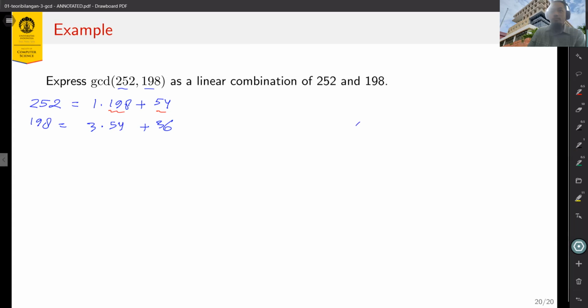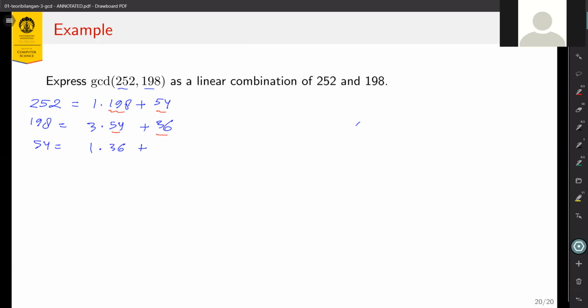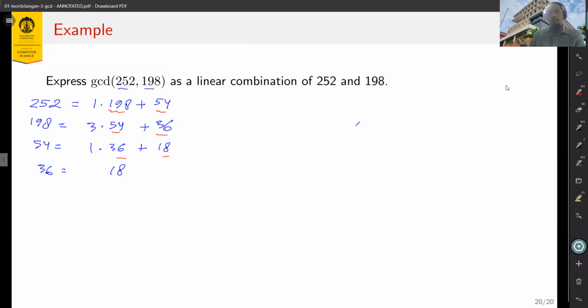So now we take 54 and 36. 54 is 1 times 36 plus 18. Correct. Again, we take 36 and 18. So 36 is 2 times 18 plus 0.